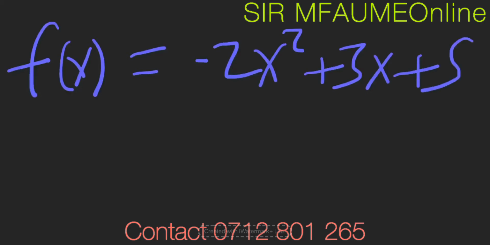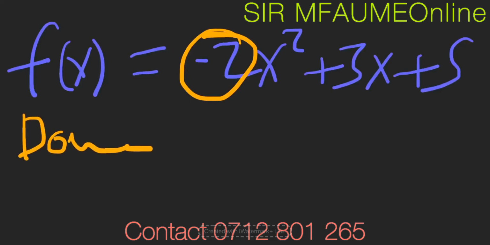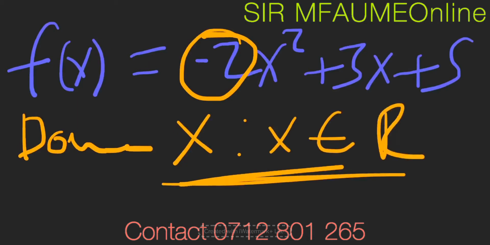In order to find them, first you have to understand whether this is a maximum or minimum value. The coefficient of a is negative. That means this is a maximum value. So the domain will be x such that x is an element of all real numbers, because I know the domain is always all real numbers for a quadratic function in case you don't have any value of x given.